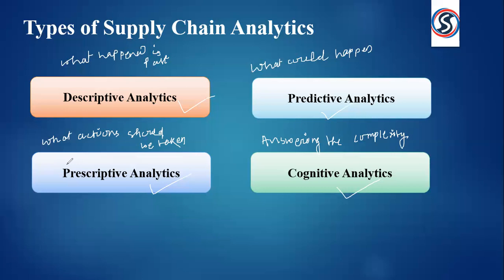Okay, what is descriptive analytics? As we understand, it will look at what happened in the past. That means it will take the past data and analyze it. Fine. So in descriptive analytics, we can identify patterns in the historical data.